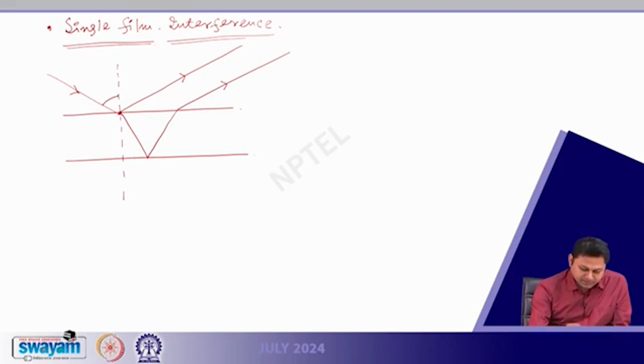Now let us consider the incident angle to be theta I, and this angle to be theta t, the transmitted angle. The refractive index here is say N0, the refractive index of the film is NF, and the thickness that I mentioned is T.